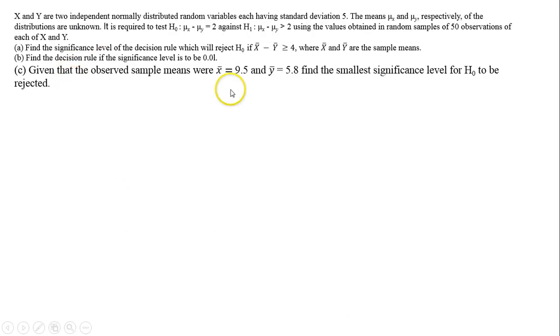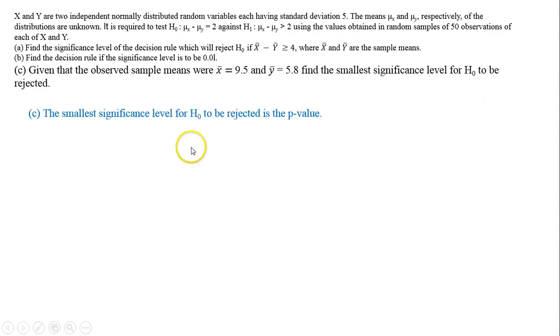Given that the observed sample means were those two, find the significance level for H naught to be rejected. Okay, so the sample gives us difference in means to be 3.7.